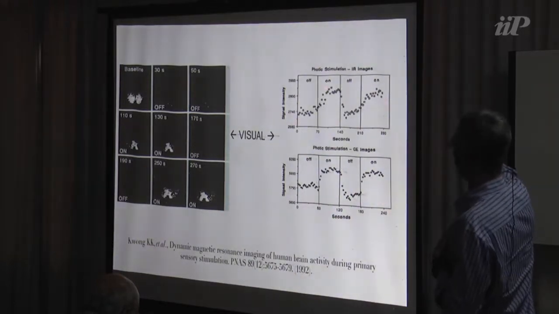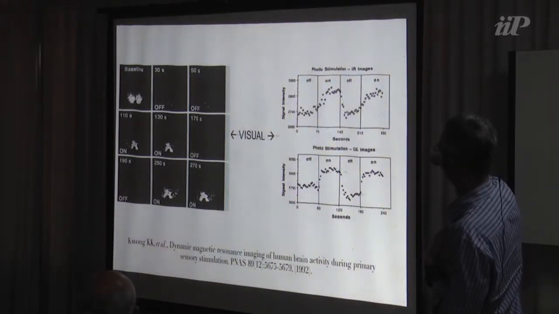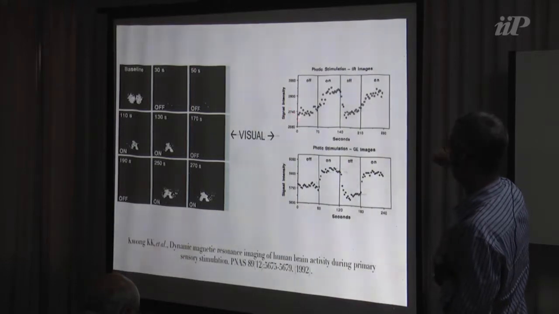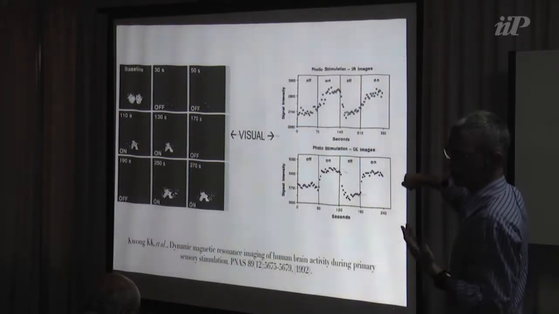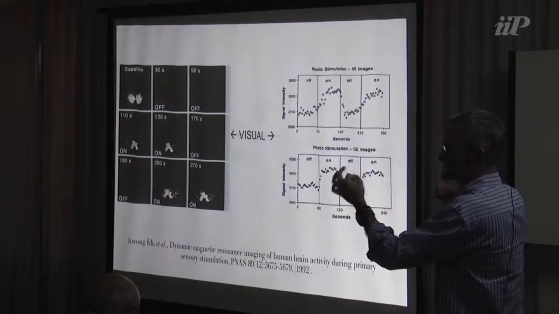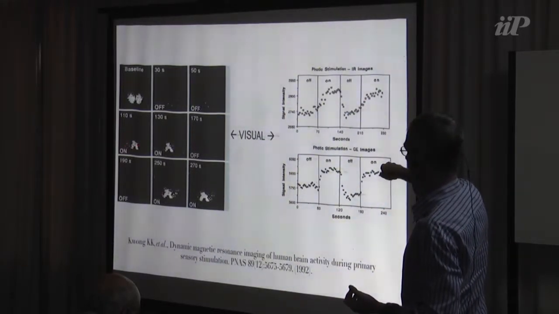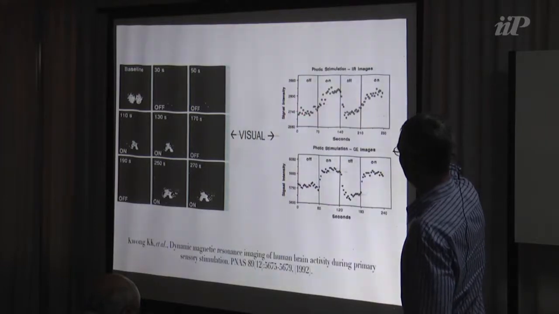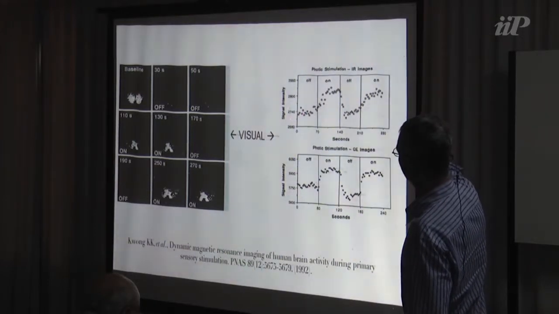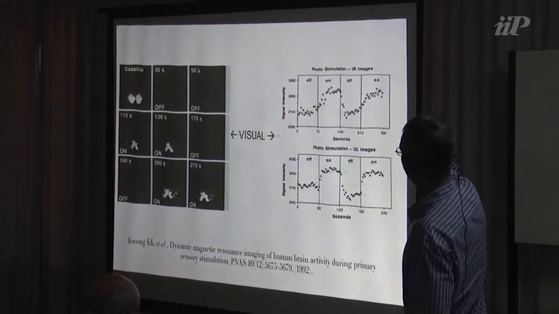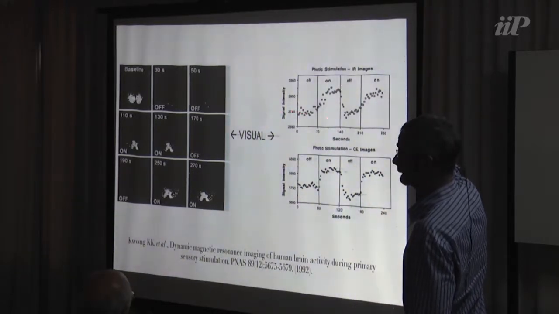These are the time courses. This is the brightness value of a specific pixel, a set of pixels, or an area of the brain. While the flashlight is off, you have a specific brightness value.